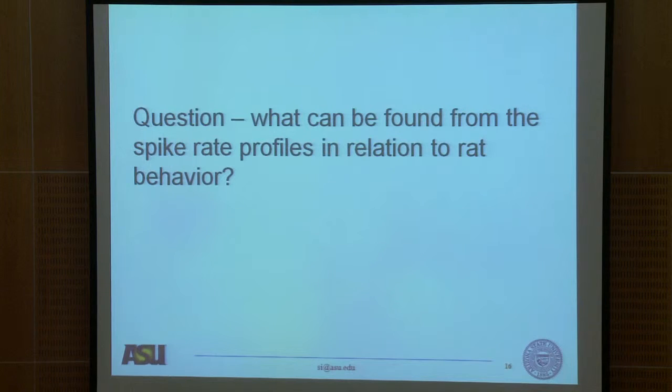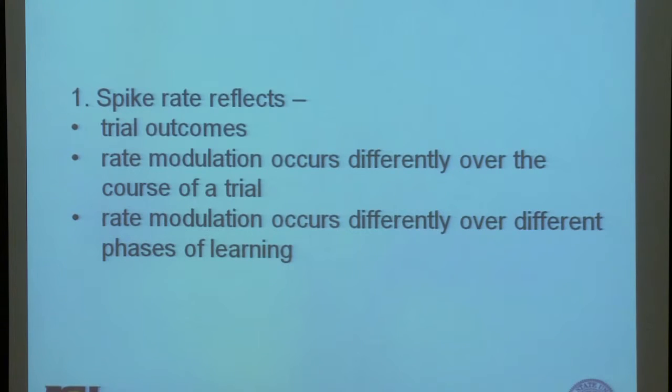So the question for rate coding is: is there anything we see just from the basic spike rate, just by computing the rate, that we can relate to the rat's behavior? What we notice after computing all these spike trains is that the spike rate, high or low, is related to trial outcomes. The trial is correct or the trial is incorrect. And the rate modulates over the course of a trial, from the start when the cue is on to the point when he picks up his reward.